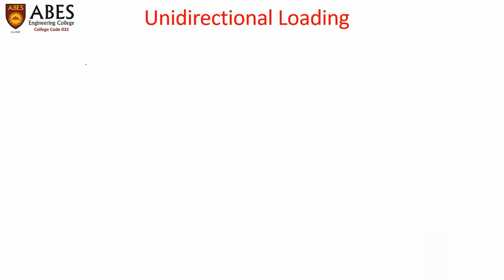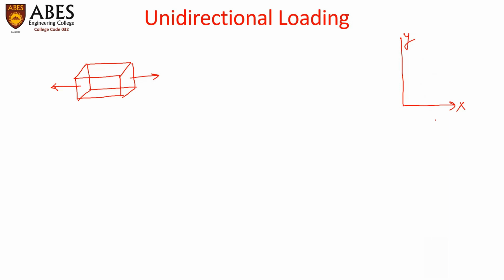Unidirectional loading stands for, suppose that this Earth is a three-dimensional object and it is loaded in only one direction. Either it may be loaded in the x orientation, or in the y direction. If it is loaded in the same direction, it is called unidirectional loading.